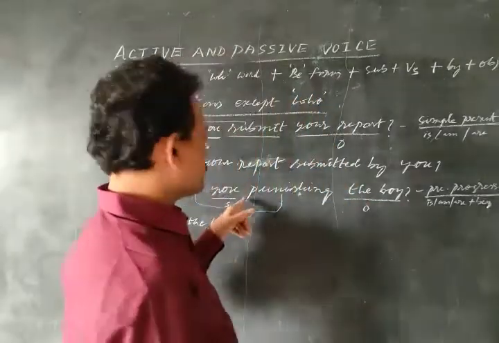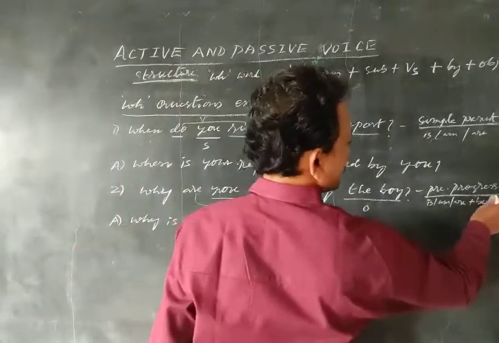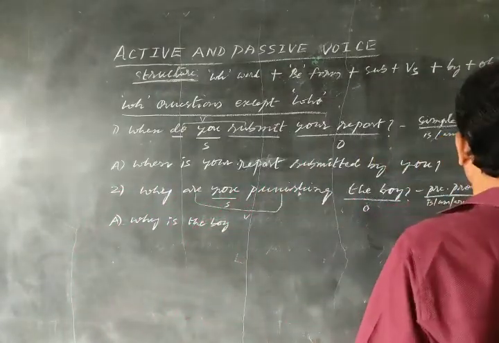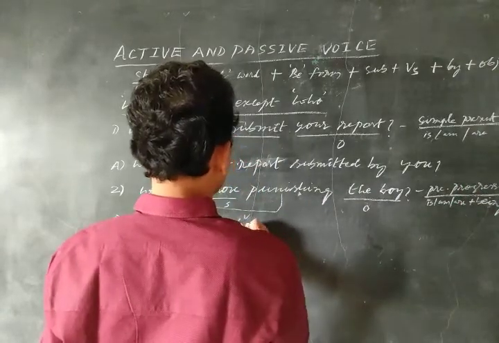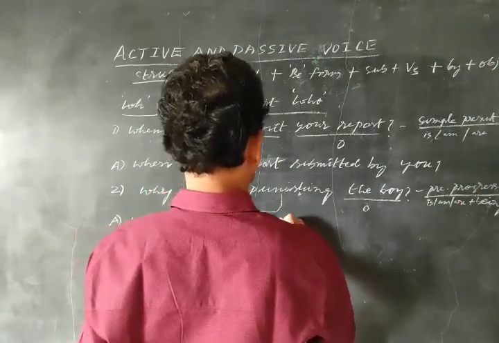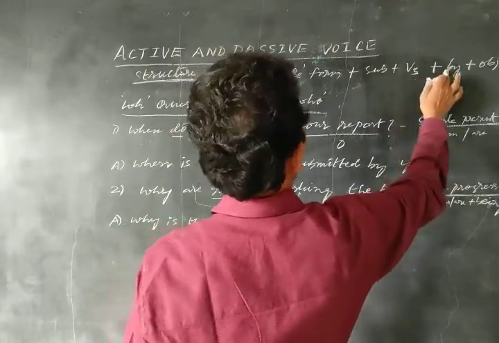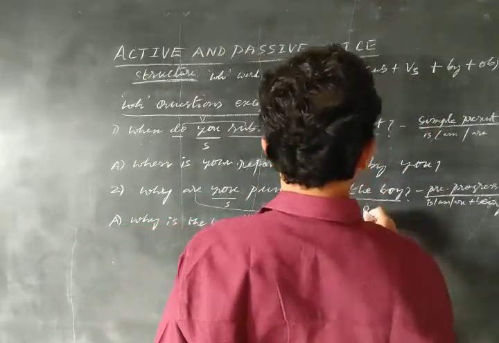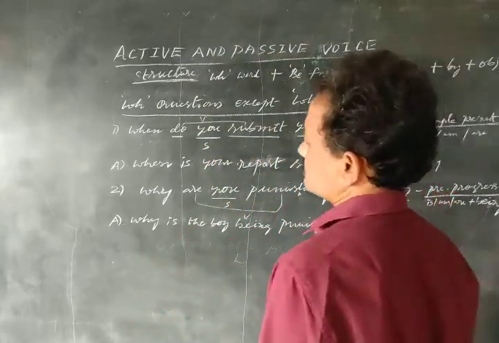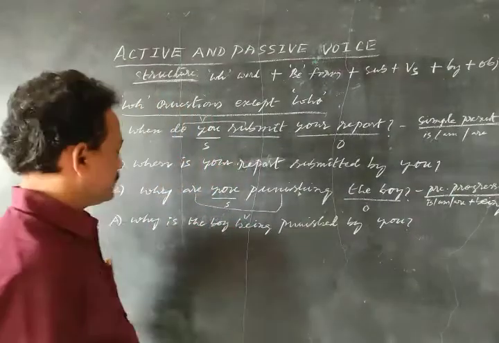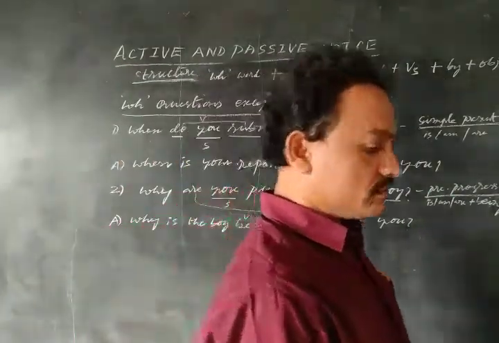Punished. But because this is continuous tense, along with V3, being is used. So why is the boy being punished? By subject you. That's all. Why are you punishing the boy? Why is the boy being punished by you? That's all.